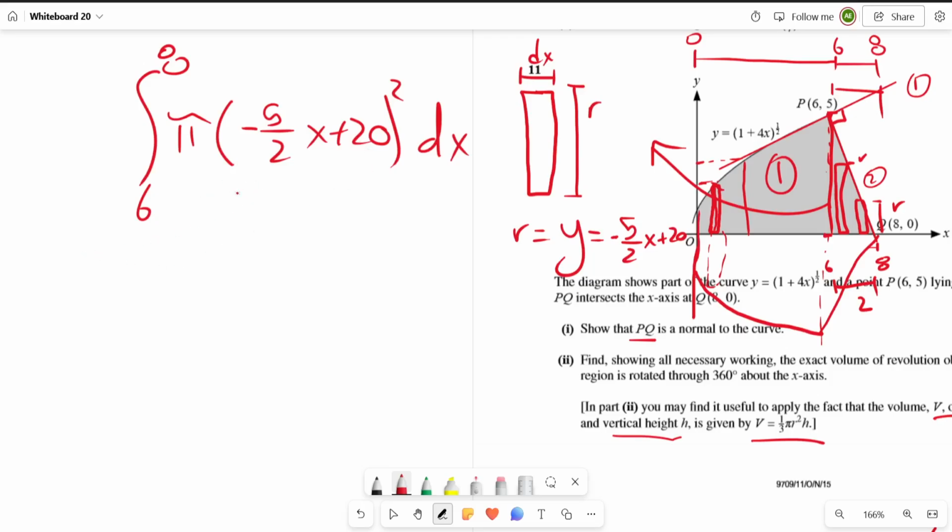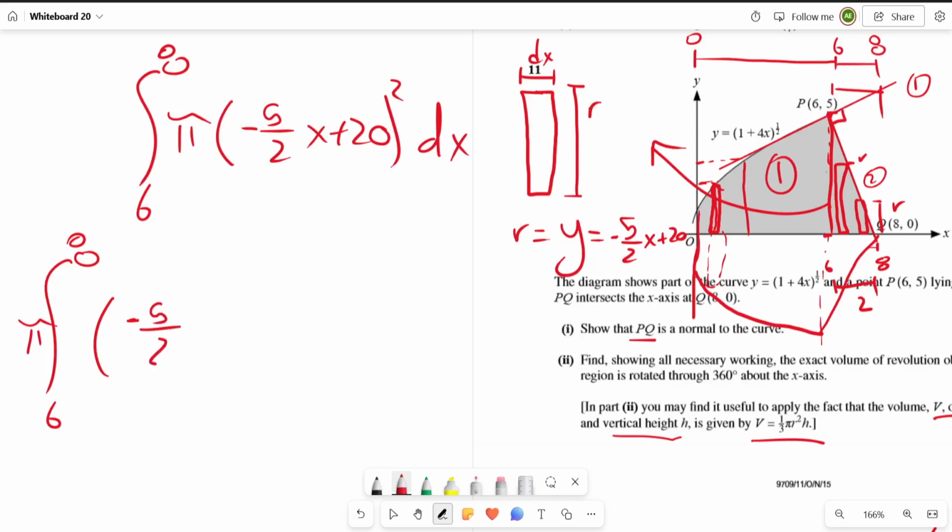You can either substitute, or expand this binomial and then integrate each term one by one, or you can take this whole term as a bulk. I will just show you the first part. It's going to be the integration from 6 to 8. Let's take pi outside. I'm going to increase the power by 1 and divide by the new power.